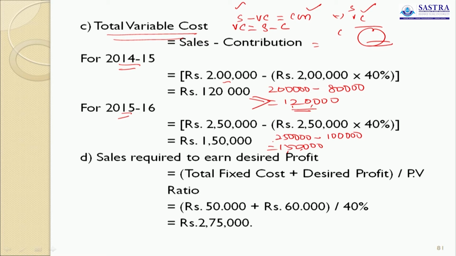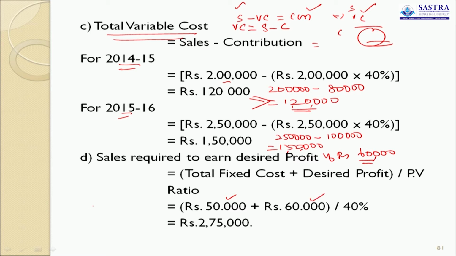The next question, sales required to earn a desired profit of rupees 60,000. So the formula is total fixed cost plus desired profit divided by PV ratio. Total fixed cost 50,000, desired profit is given 60,000, divided by PV ratio.